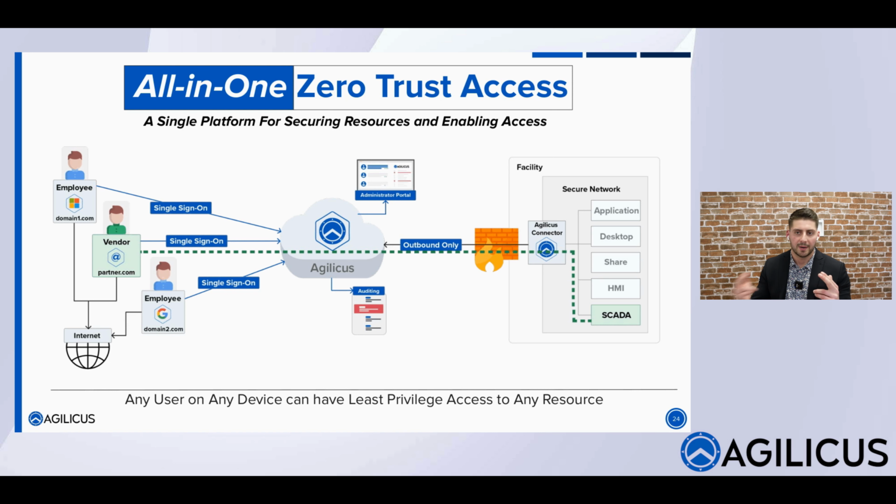A user only has access to a single system. You map a user to a single system instead of a network. And that way, they access that resource as if they're on that network without ever being directly connected to that network. Where a VPN connects a user to an entire network, we map a user to a specific resource, a one-to-one relationship.